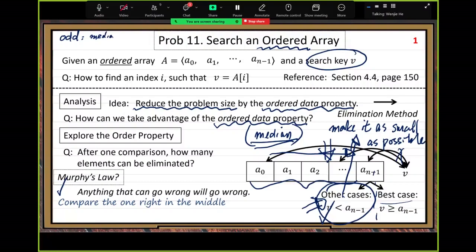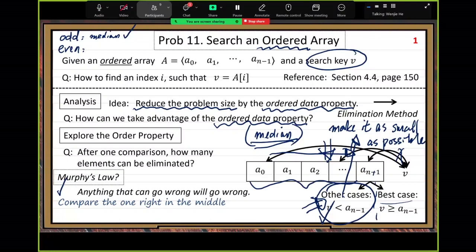But when you have an even number of elements, there are two elements in the middle, and these two elements are equally close to the center.